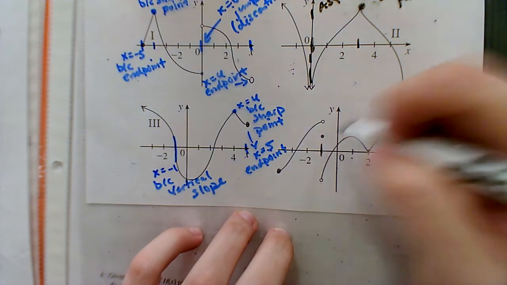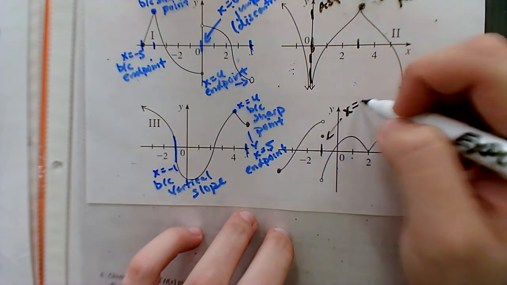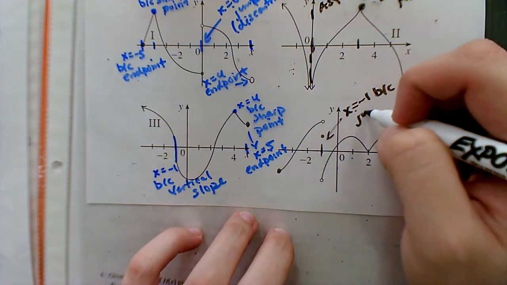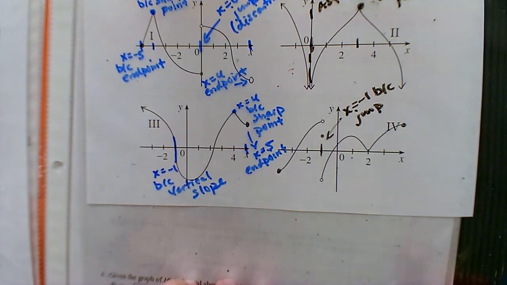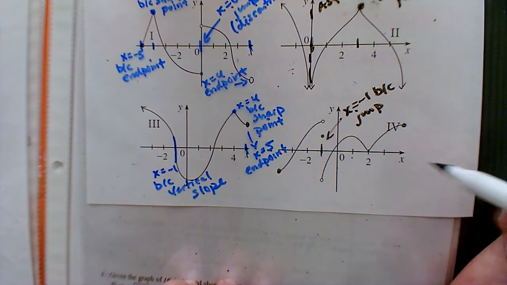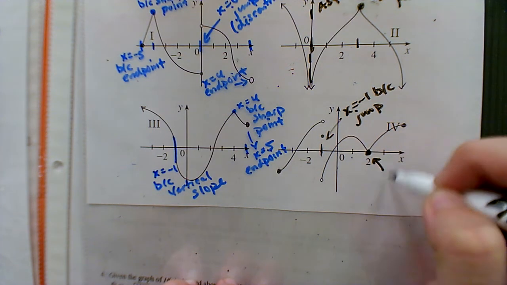-1 because of a jump. Okay. You could say jump or discontinuous. Yeah. 2 because of the sharp point. Sharp point.